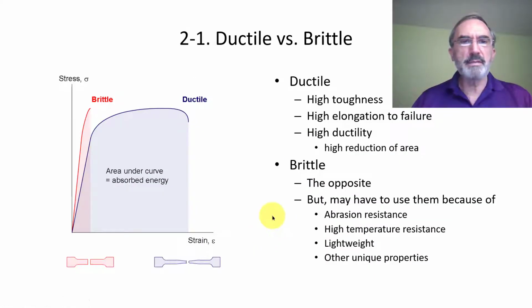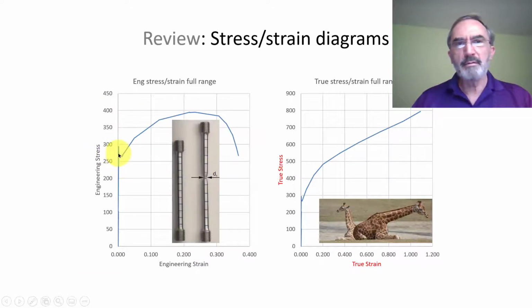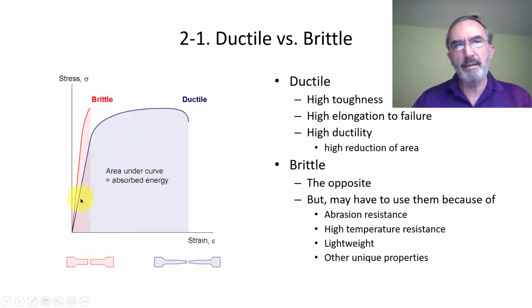All right, so then this is just another figure, similar to this one, although this is a real figure from real data, and this is a schematic, okay? So the area under the curve is absorbed energy per unit volume, because this is a stress and this is a strain. So you work out the units, you see that this is energy per unit volume.